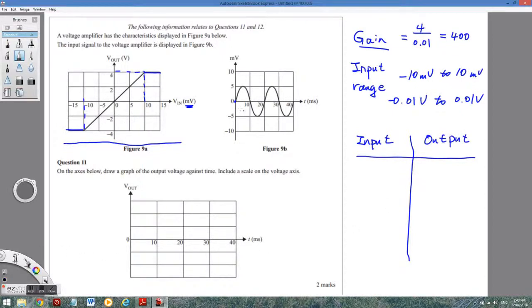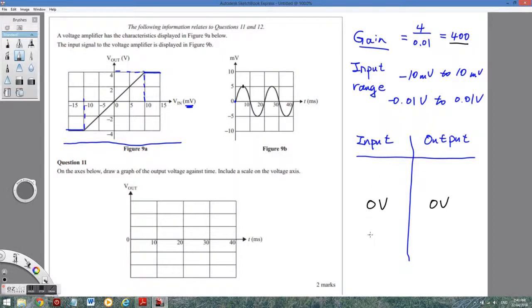Because we know the gain is 400, when the input is 0 volt, the output must still be 0 volt, because 0 times 400 is still 0. Then when the input is 5 millivolt, which is within the range, a gain of 400 still applies.